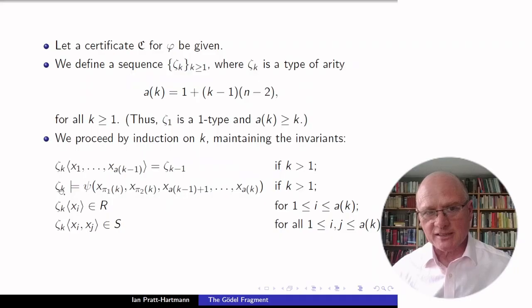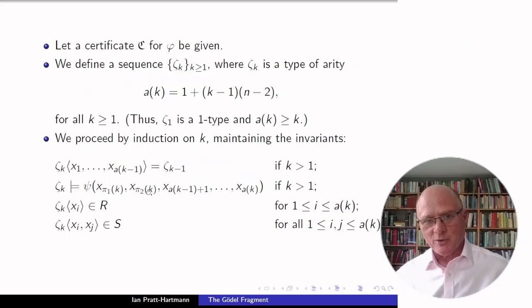So the variables of zeta k start at x1 and finish up at x a of k. And this tuple of variables here gives you exactly n minus 2 variables, and these will be the new variables occurring in zeta k that didn't occur in zeta k minus 1.